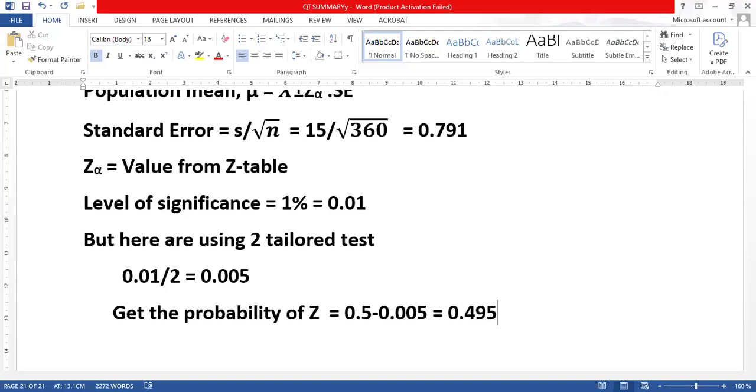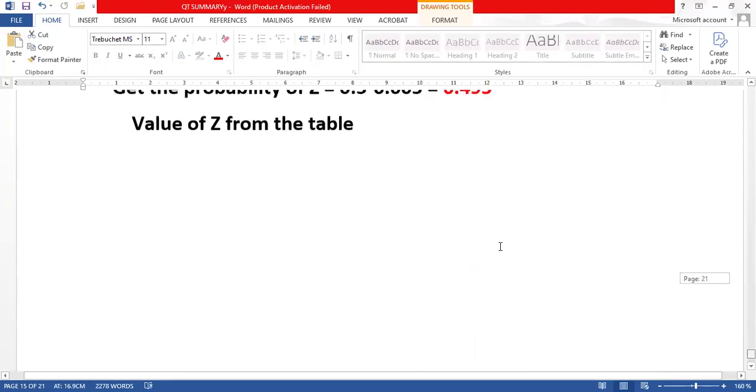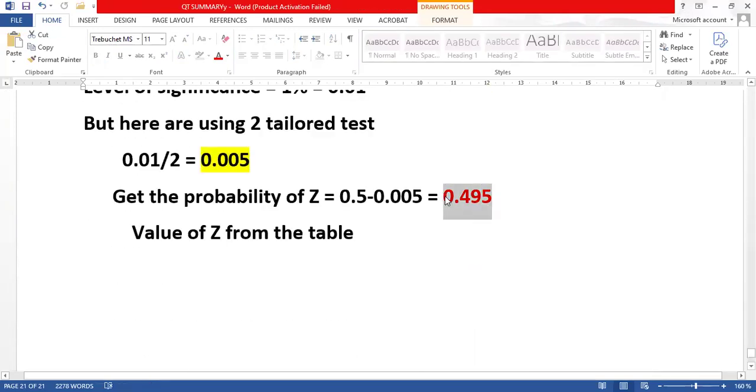So this is the probability of Z. So the question is, what is the Z value? The value of Z from the table. Here now you're not looking for the probability. Instead, you're looking for the value of Z. This is what we are focusing on.